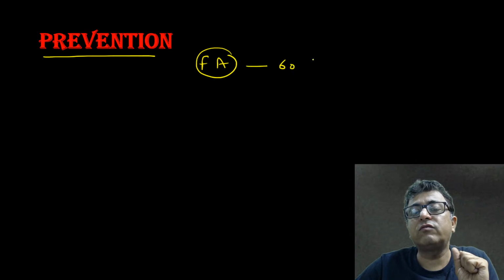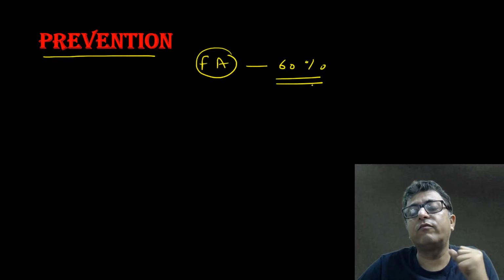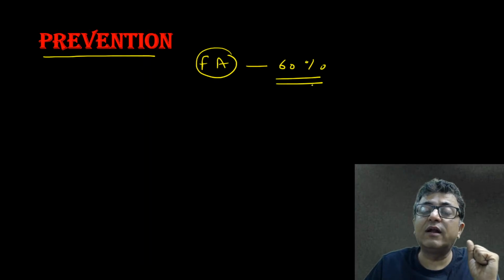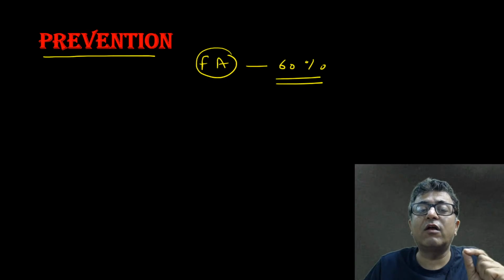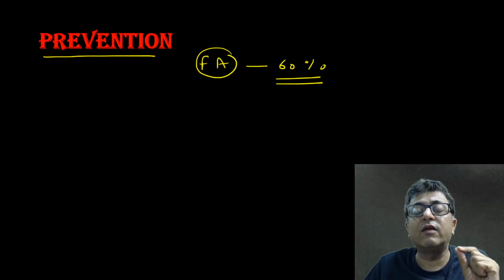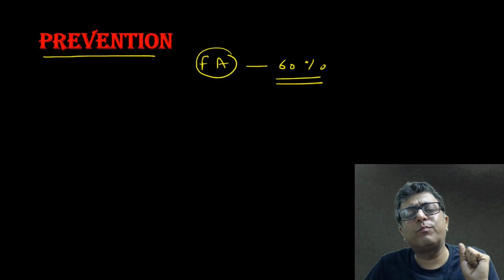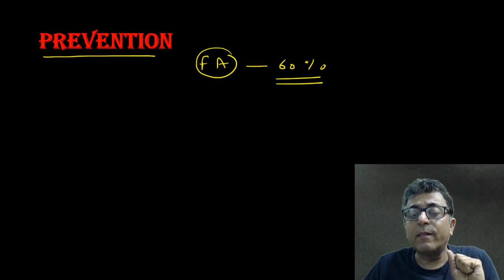But yes, prevention. It can be prevented by folic acid, which reduces the incidence of neural tube defect by 60%. So comes the definition: failure of fusion of the folds of the neural tube between the 3rd and 4th week of intrauterine life. By the time the mother knows that she is pregnant, neural tube defect has already taken place. So how will folic acid work?